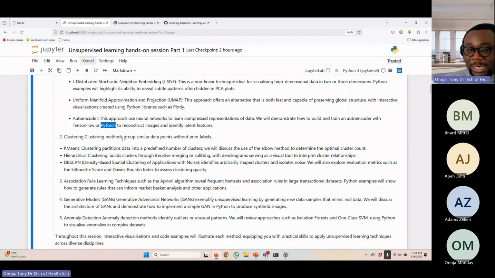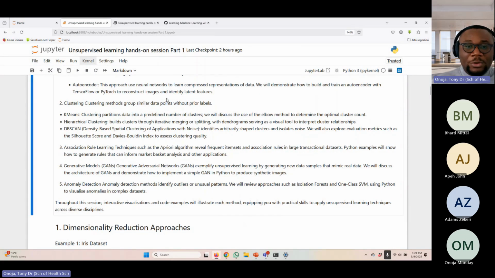So as we progress, I'd like you to install these packages, TensorFlow and PyTorch, but don't worry, we'll get to those levels and talk about them. We will need them to be able to train deep neural networks, but like we said, let's keep moving gradually.